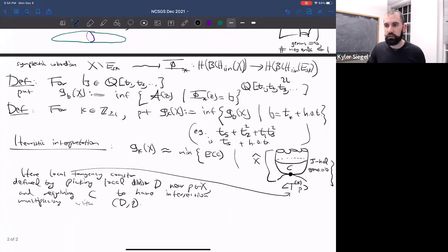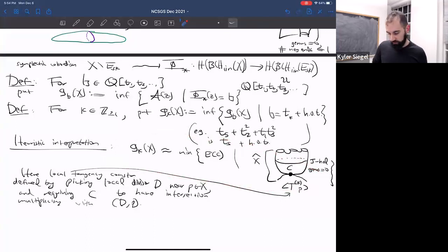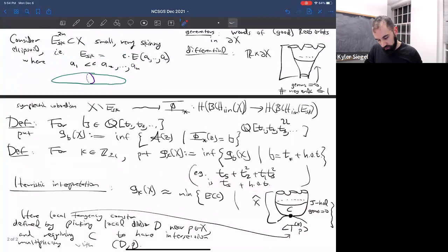Okay, so this is the heuristic interpretation of this GK capacity, but there are many reasons why this is not an accurate statement. For one thing, the GK as we defined it is a homological invariant, right? At the end of the day, it involves the homology of some chain complex. So for example, we need to require that the collection of Reeb orbits is a cycle with respect to this differential.